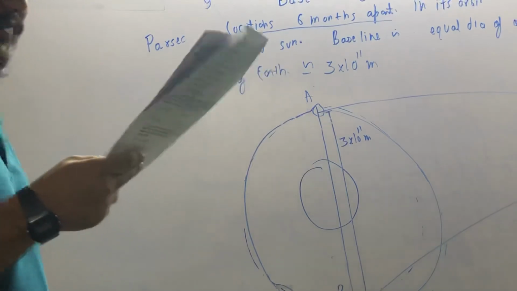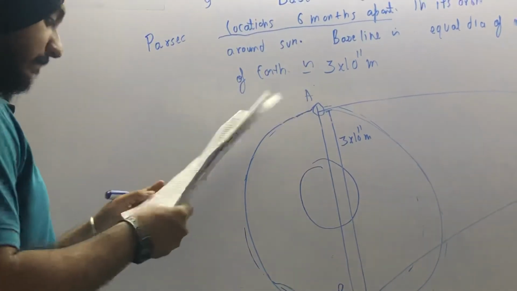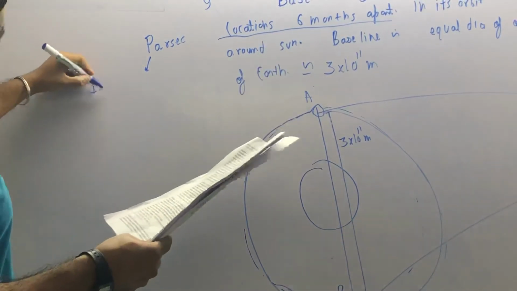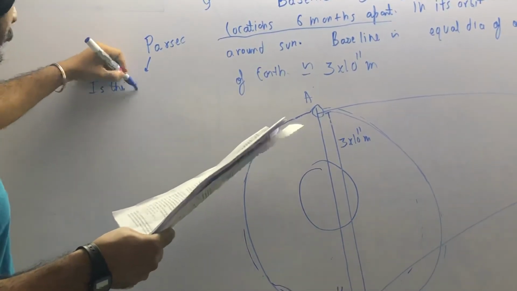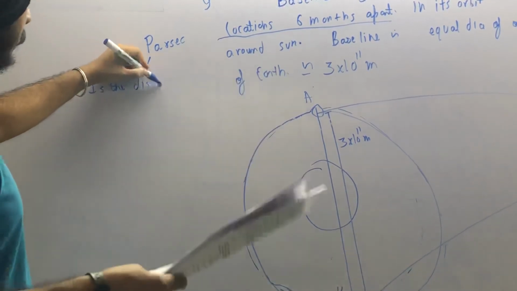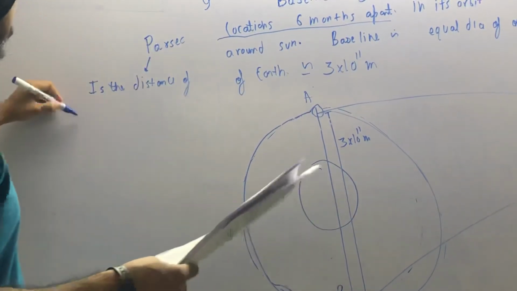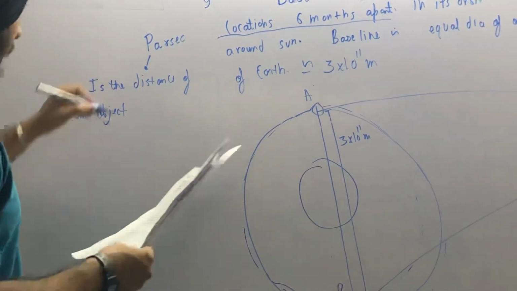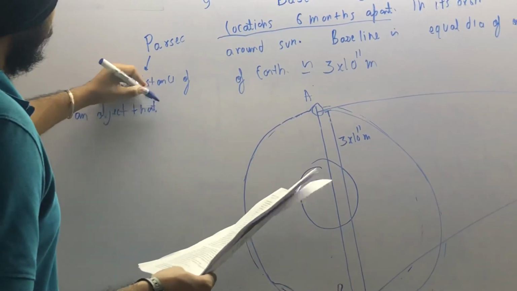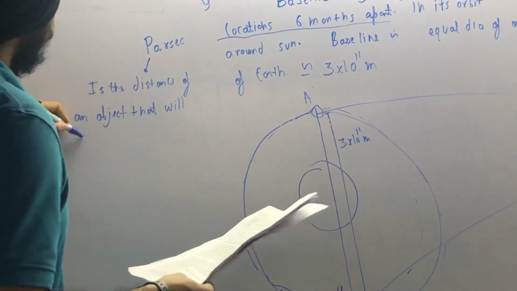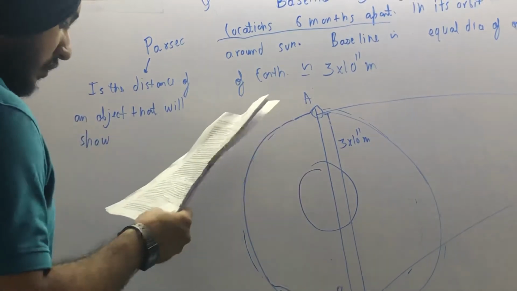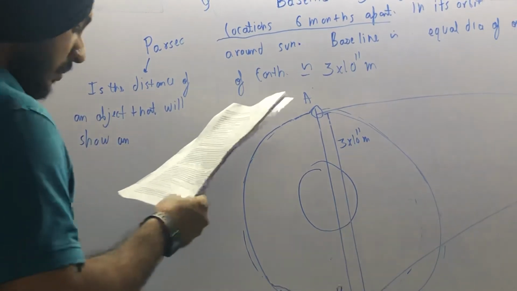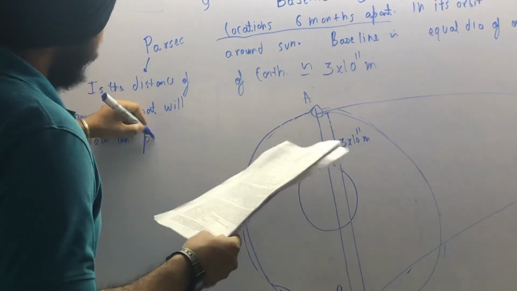And what is the definition of parsec? According to the question, parsec is the distance of an object that will show a parallax of 1 second of arc from opposite ends of a baseline equal to the distance between Earth and Sun. Parallax means an angle.